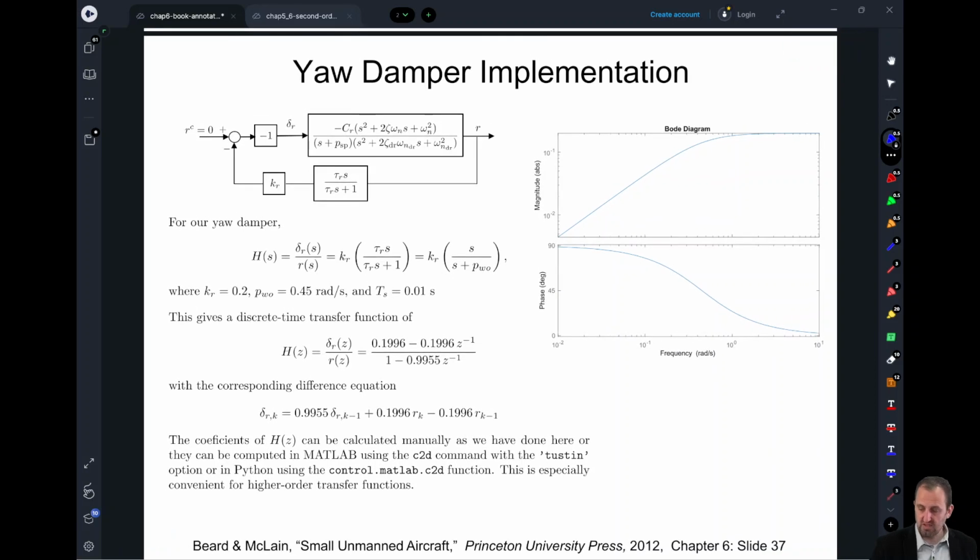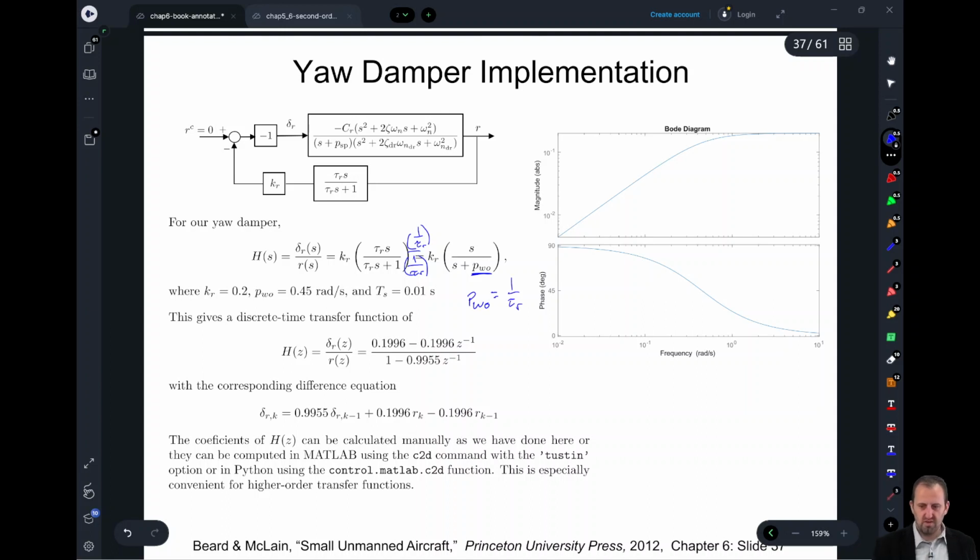Here's the actual implementation. The one difference that this one has is that you can just multiply by 1 over tau sub r and divide by 1 over tau sub r, right? So multiplying by 1, but then we get this b0 is just equal to 1 over tau sub r.